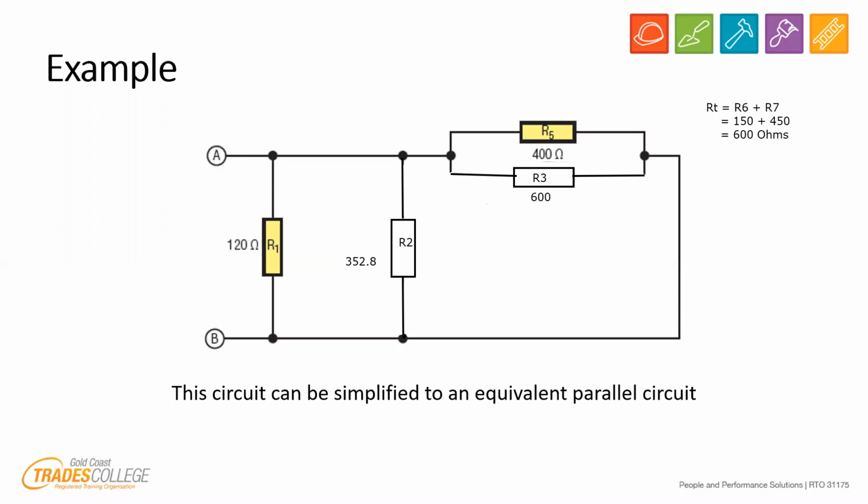Now then, what do we have? Let's have a look at what our circuit looks like now. We've got the red in and out of R1, in and out of R2, in and out of R5, in and out of R3.